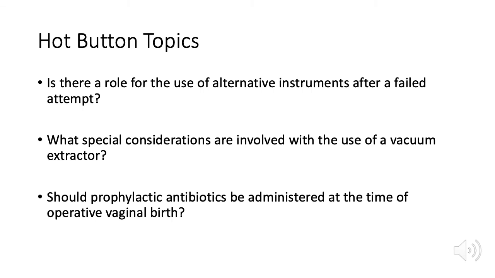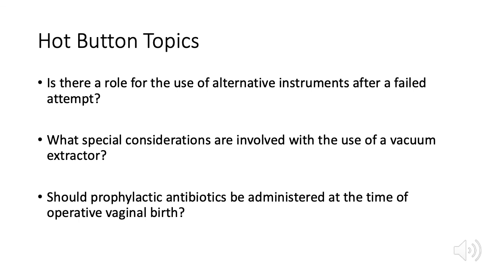And then lastly, should you provide prophylactic antibiotics during operative vaginal birth? There was a recent study, the ANODE trial. They gave prophylactic antibiotics versus placebo prior to an operative vaginal birth, and although the women did have a lower risk of perineal wound infection, there were many issues in this study that likely make it not generalizable to a population in the United States.